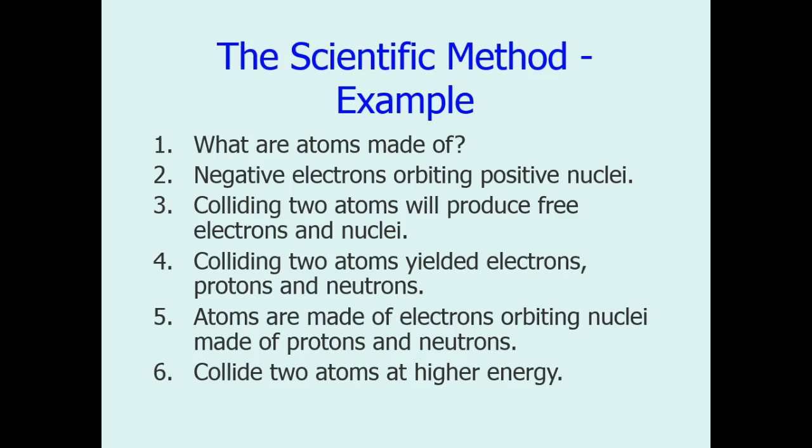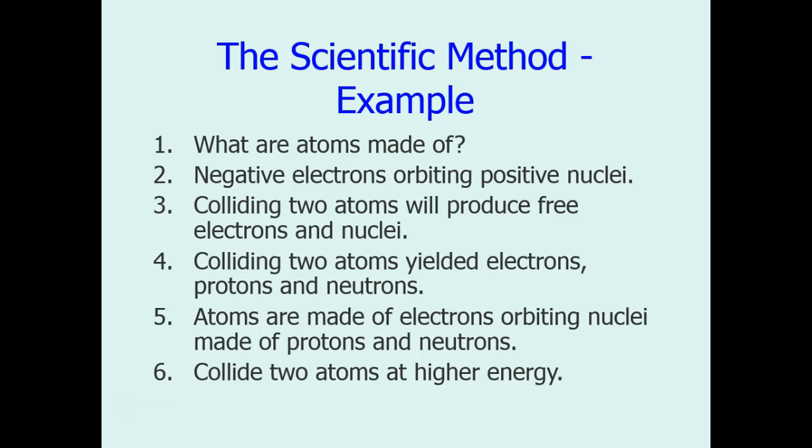All the mass was pretty much in the nucleus. Those electrons had some mass, but barely anything, like 1/10,000th of the mass of one piece of that nucleus. They were just incredibly light. So negative electrons orbiting positive nuclei.